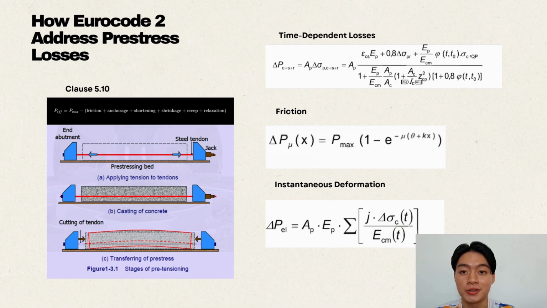Eurocode 2 accounts for pre-stress losses by reducing the jacking force to obtain the effective pre-stress used in design. Clause 5.10 defines this as the initial force minus all immediate and time-dependent losses. Losses arise from friction, anchorage slip, elastic shortening, steel relaxation, concrete shrinkage, and creep.